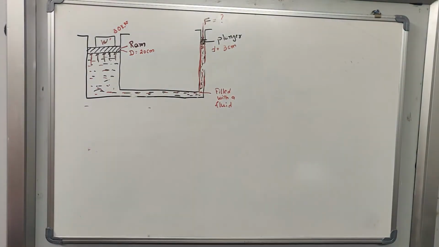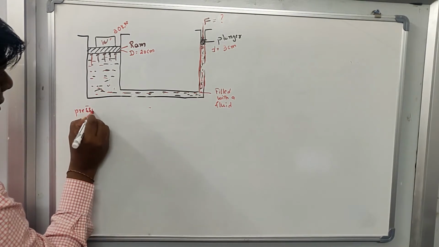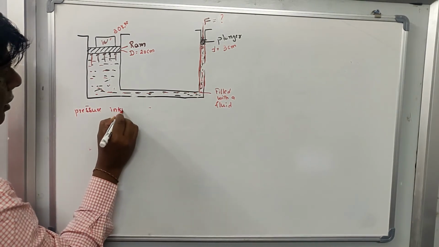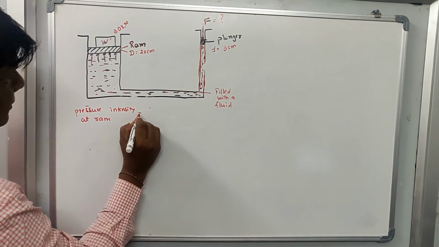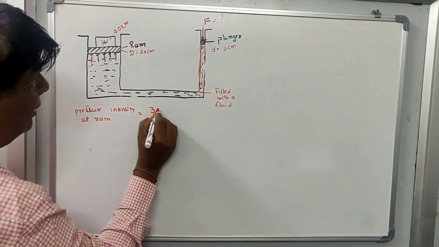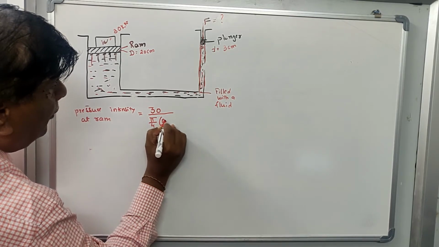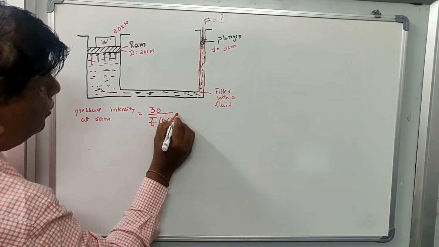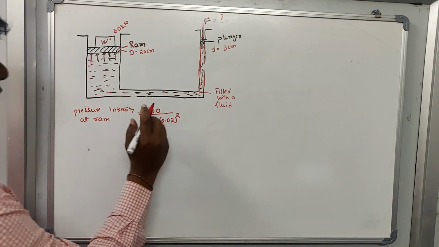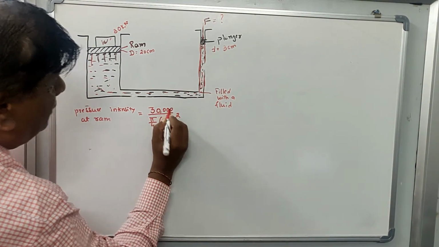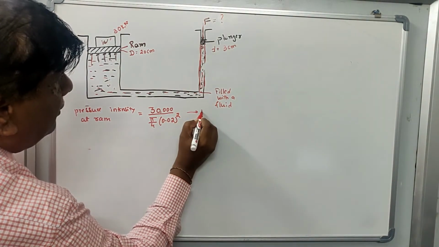Use the same thing, that is pressure intensity at the ram. It is 30 kilonewton, that is force, divided by area of ram, which is pi by 4 into 0.02 squared. This kilonewton, or in Newton means 30,000. This is the pressure intensity, this is equation 1.